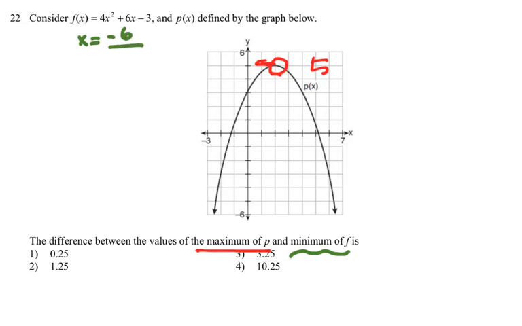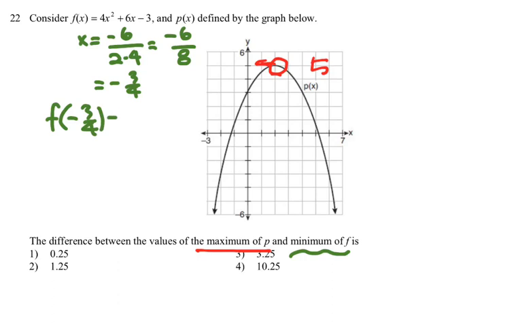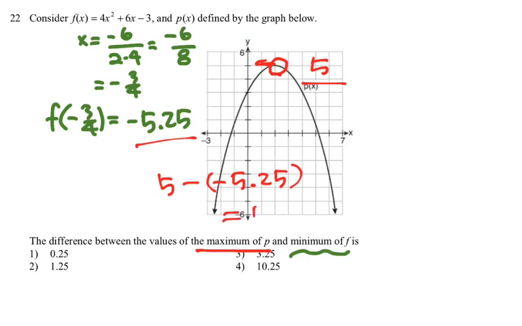Then x equals -b over 2a, and we get -6 over 8, which is -3 over 4. So I'm going to plug -3 over 4 into the function. Using your calculator, you should be getting -5.25. Then we are looking for the difference, so we subtract them. 5 minus -5.25, the difference becomes 10.25, which is choice 4.